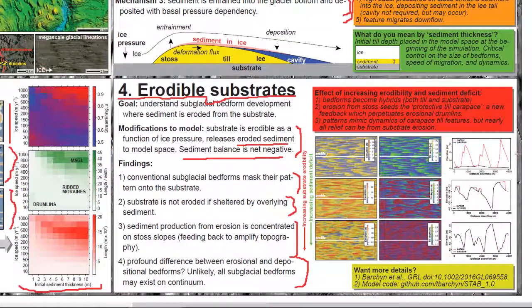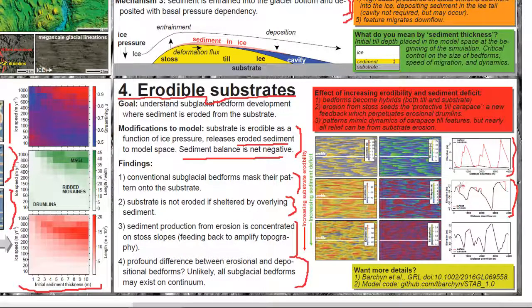So I'll just look at a few simulations here. The top simulation is one where the substrate is not very erodible. So basically you get a drumlin field, much like in box number 3. Then this one here is where the substrate is more erodible, and the red is the surface.